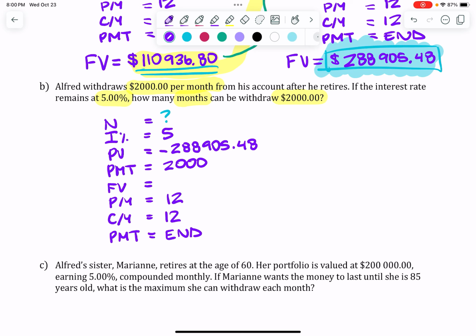Well, when he runs out. What happens to my investment when there is no money left? What is the future value of that investment? Well, when there's no money left, my future value is 0. So this FV gets inputted as a 0 because Alfred will keep withdrawing until there are $0 left in that account.